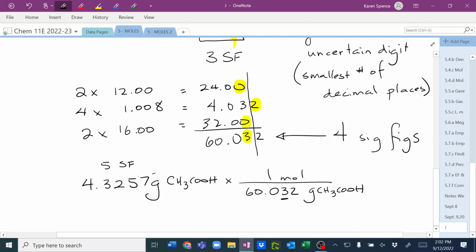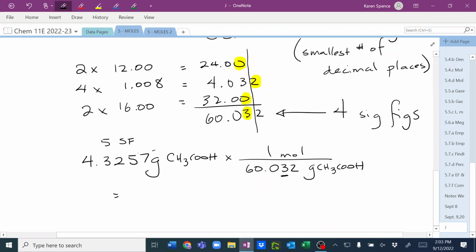Now, when I do the division, I get some random number that I don't know. Quickly plug this in. 4.3257 divided by 60.032 equals, and I get 0.072056569. Okay, that's what my calculator spits out.